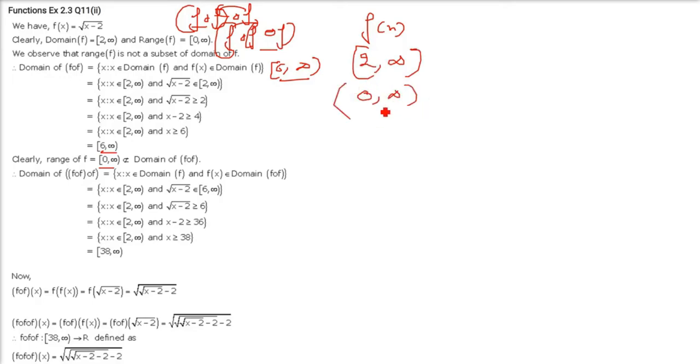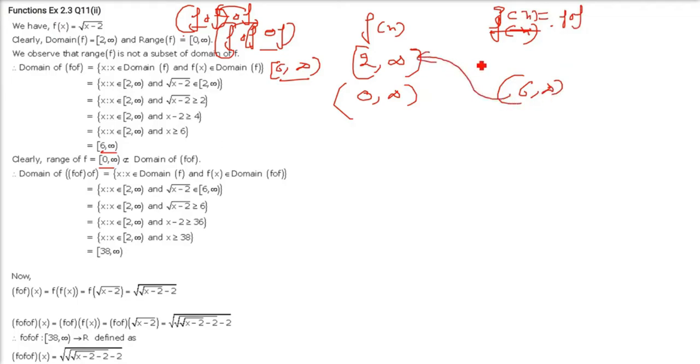Now when we come to f o f, I already told you the domain of f o f was 6 to infinity. f x domain is 2 to infinity. f o f domain is 6 to infinity. So let me write f o f and just call it g x. So it is a function g x, which is f o f, and the domain is 6 to infinity.